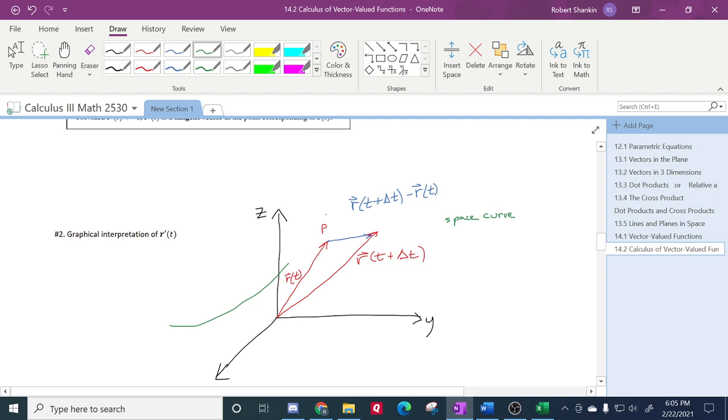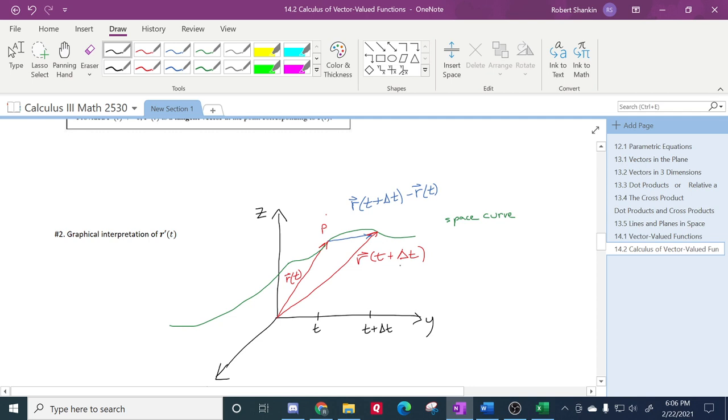Alright, so here's my space curve, like this. Alright, so there's my original r(t), then r(t + h) minus r(t). And here was t, and here was t plus Δt.